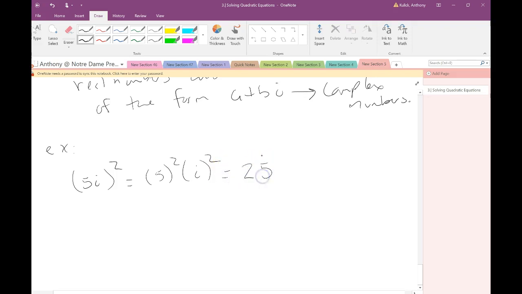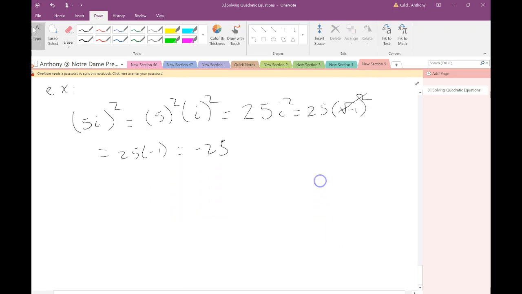So 5 squared, well, that's 25. And we have i squared. What is i squared? If we think about the definition of i, we said that was the square root of -1. And the square cancels the square root. So we have 25 times -1, or negative 25. Interesting.